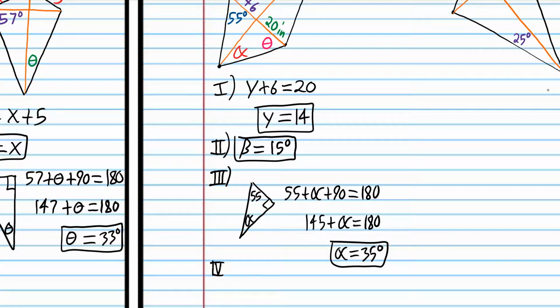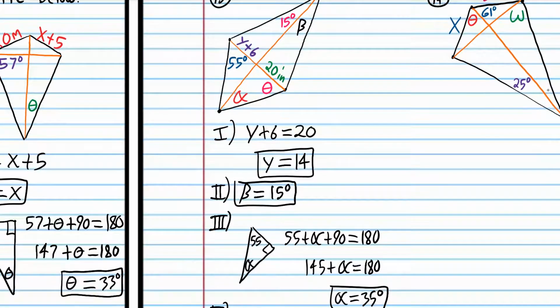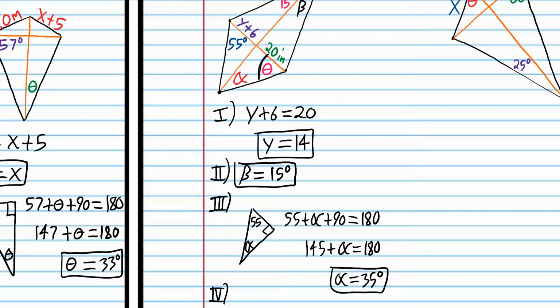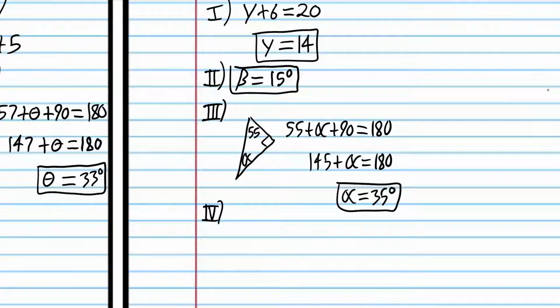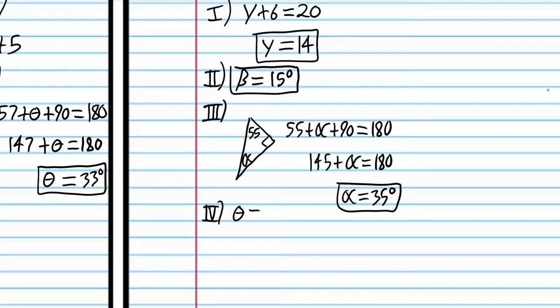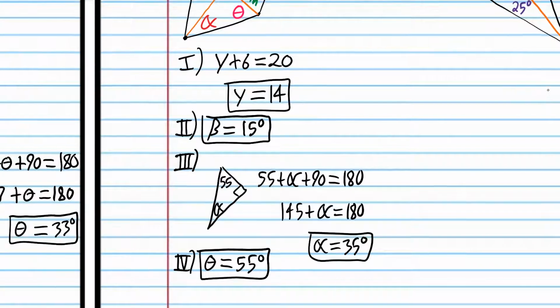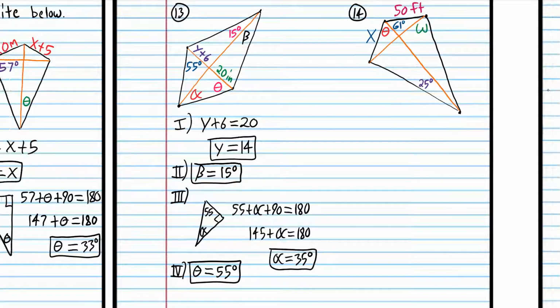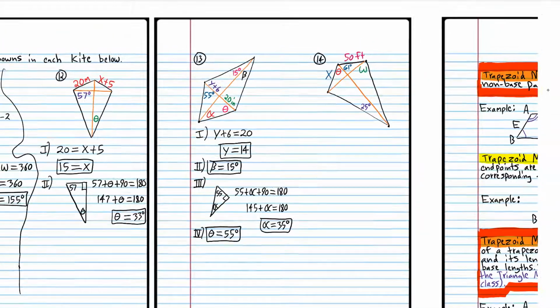And if alpha is 35, then we can use the triangle sum theorem again to find theta. But we don't really need to because we can see it's pretty obvious it's going to be 55. So theta is 55 degrees. There's a lot of symmetry in kites. So 1, 2, 3, 4. We should have found 4 answers there, and we got them.